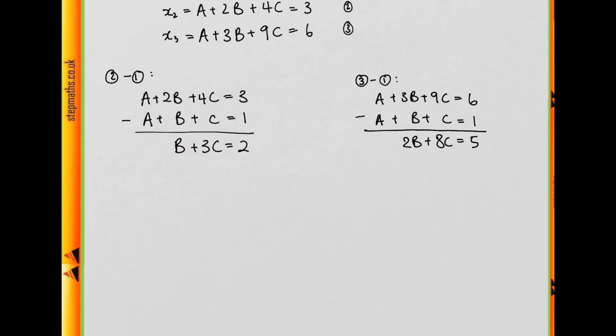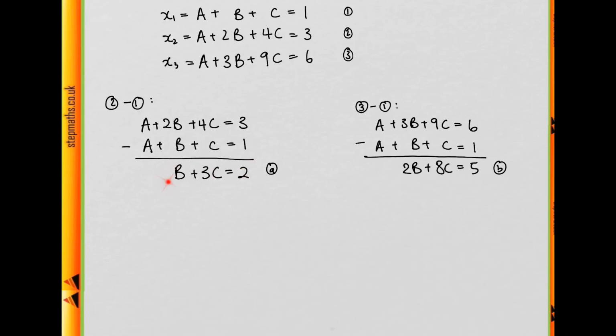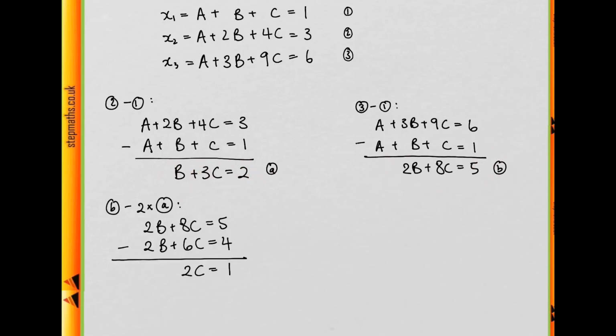If I call these equations a and b, then I can take 2 lots of a from b. That's going to give me 2c being equal to 1, or that's the same as c being equal to a half. Now we have c, we can work out b using one of these 2 equations.